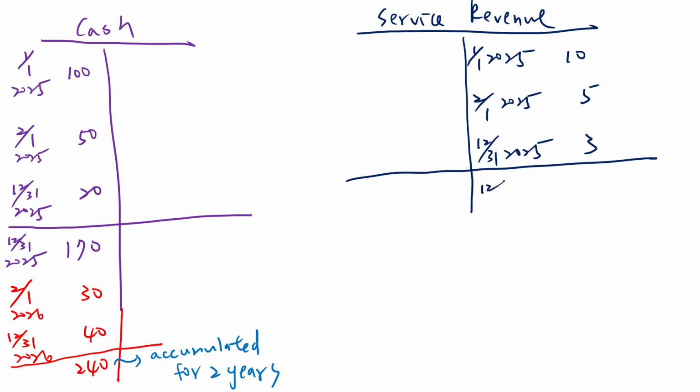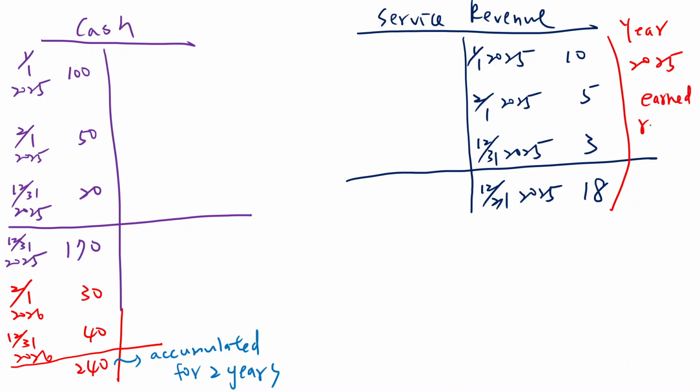So could you tell me, for 2025, what's the revenue we've earned? $18, right? Okay. So here I know for year 2025, your company earned the revenues. How much? $18. Okay? How about next year?